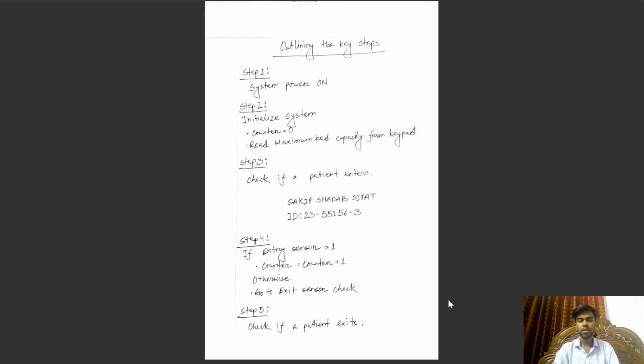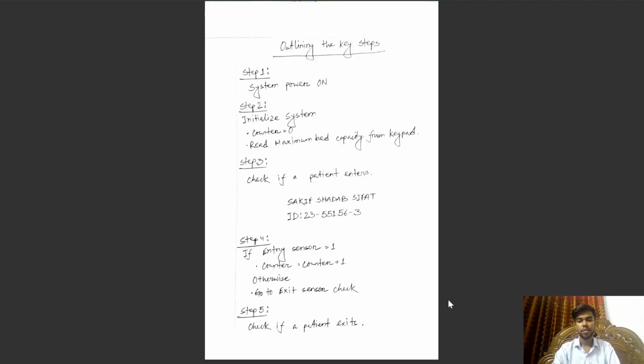On this page the steps have been outlined. From the steps we can say the system powers on and then initializes. Then if the counter is 0, it reads the maximum bed capacity from the keypad.